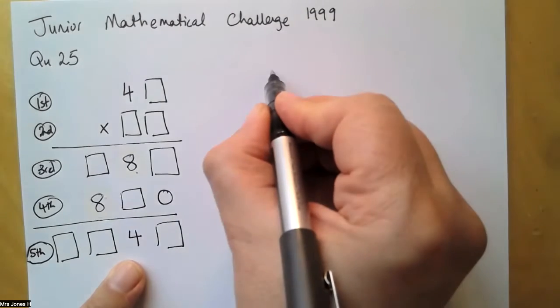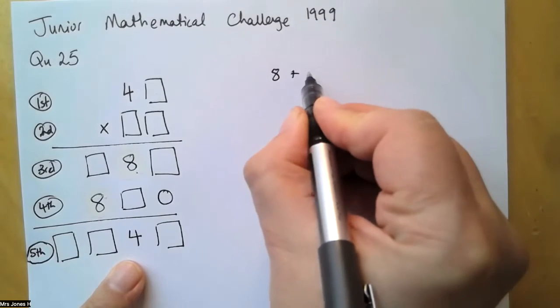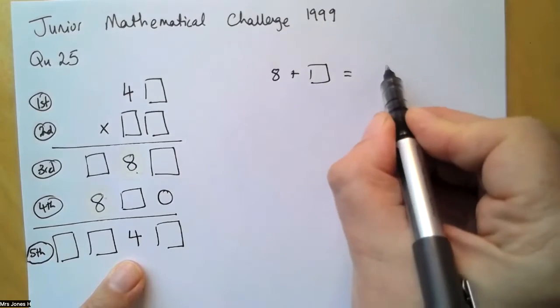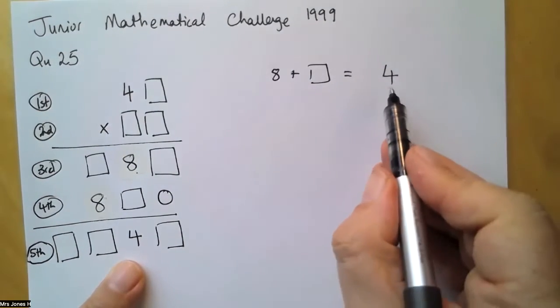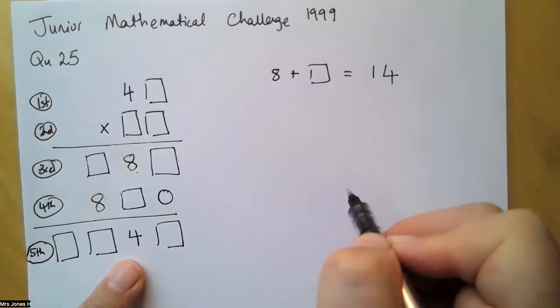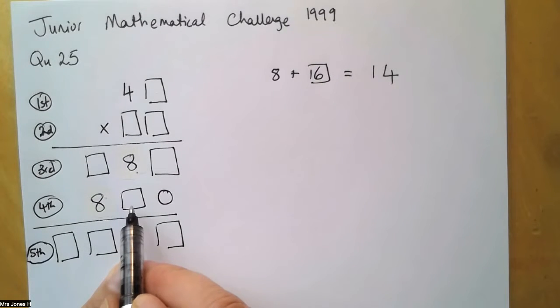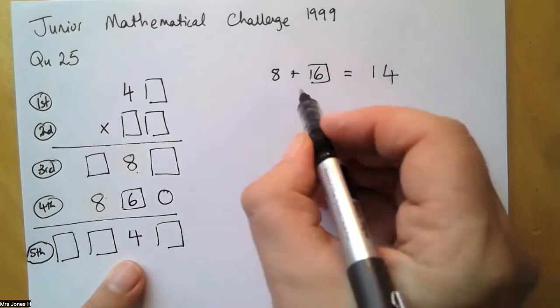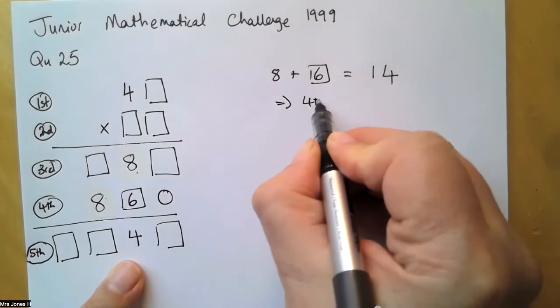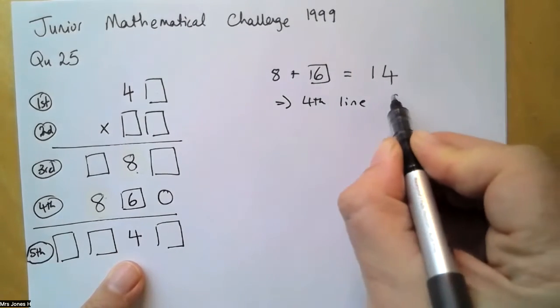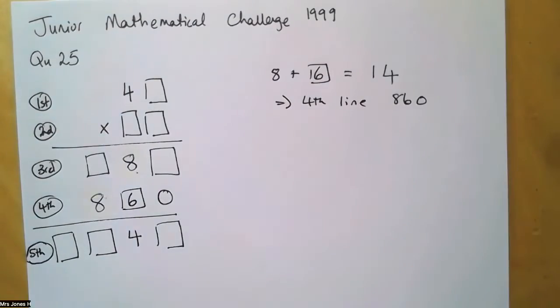And actually, if you do 8 plus something equals something that has a 1's digit of 4, the only number is going to be a 14, and therefore this one's going to be a 6. Therefore this digit here is going to be a 6. Therefore the fourth line is going to be 860.